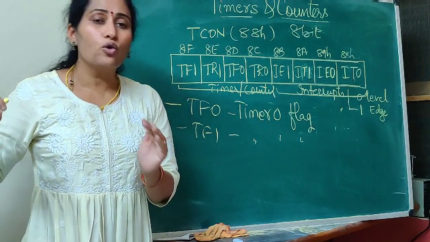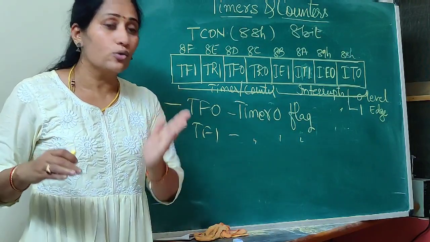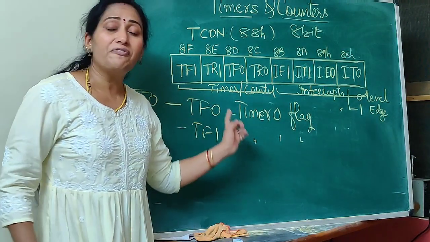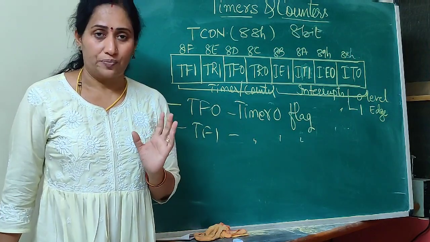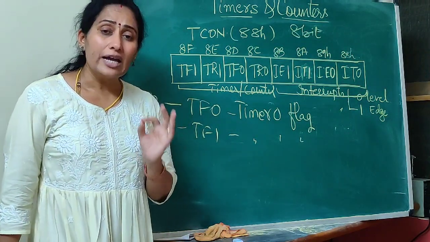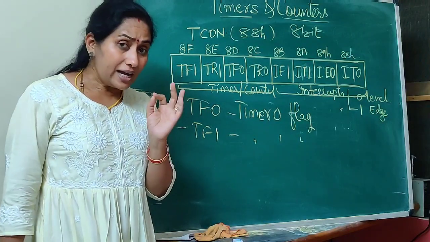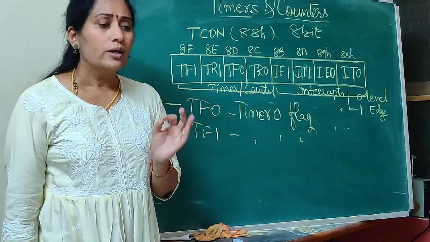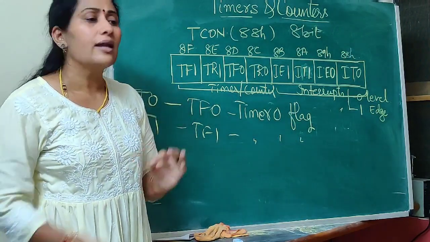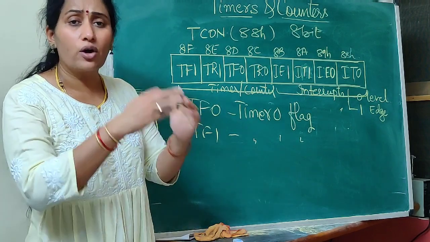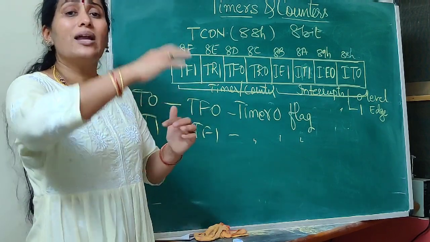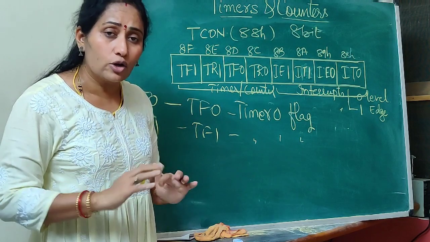When the counting is going on, the status of the flag will be equal to 0. That means if I read the status of the flag as 0, then I have to understand that still the counting is going on. Still the maximum count has not been reached.